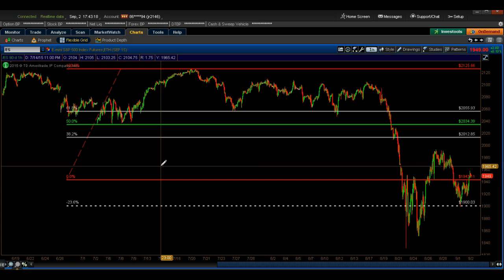Okay, remember the S&P E-mini futures are one of the most technical traded products. You have algorithms that know all this stuff that I'm showing you. They already know where all these levels are. It's our job to do the homework and figure out where all these levels are.